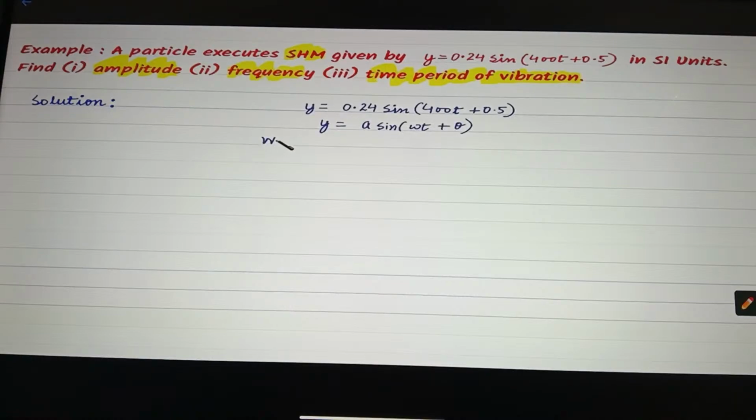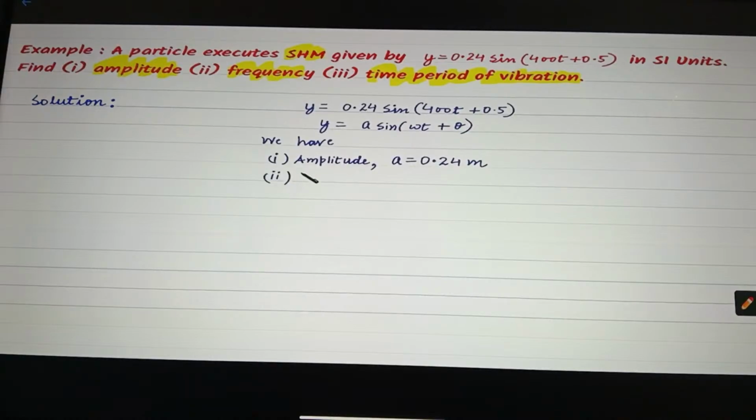When we compare these, first we can find the amplitude. Amplitude A is equal to 0.24 meters since we are doing it in SI units.